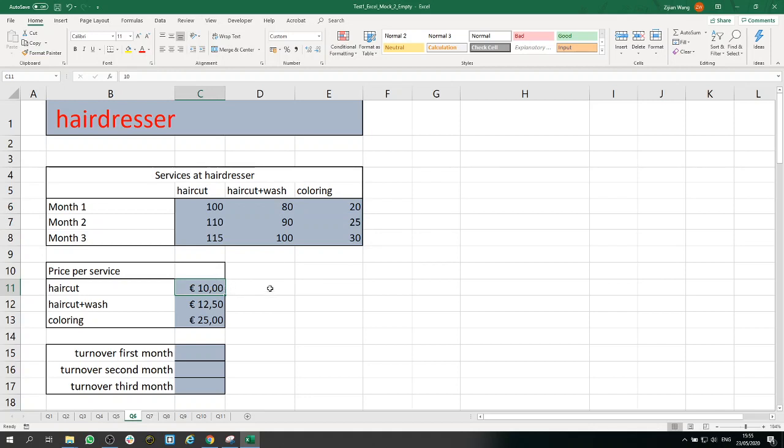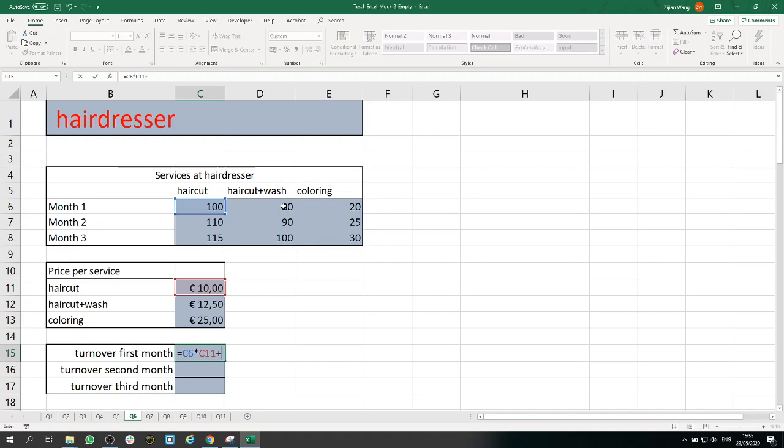For haircut only you pay 10 euros, for haircut and wash 12.50, and for coloring 25. If we want to know the turnover of the first month, we will use the haircut of the first month times the price of the haircut.